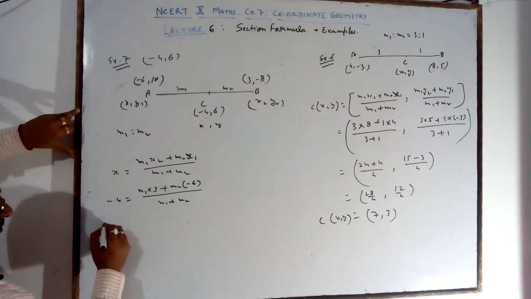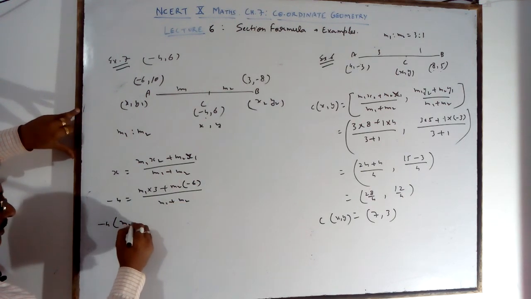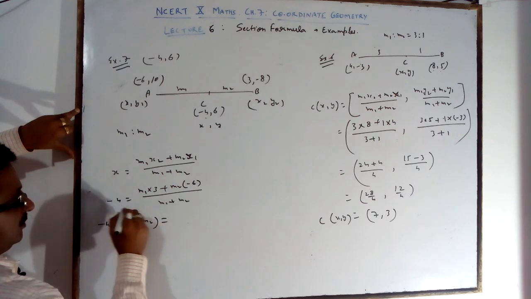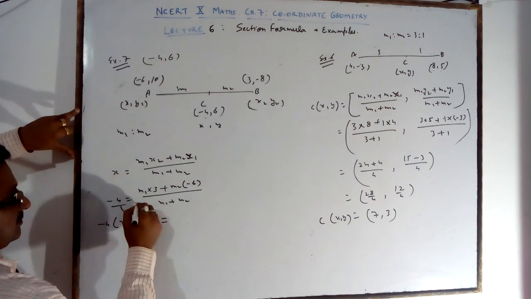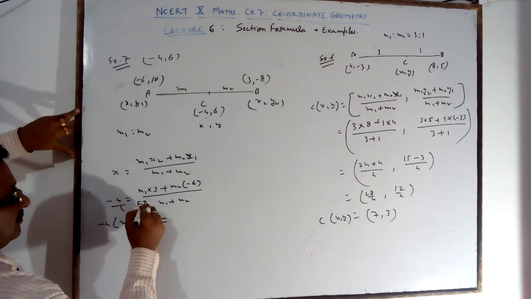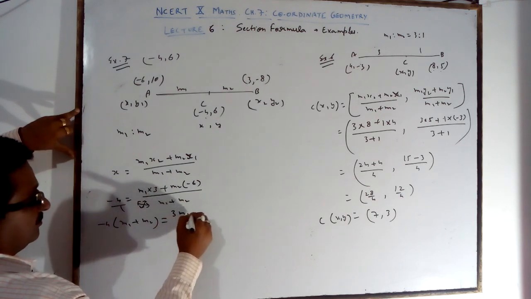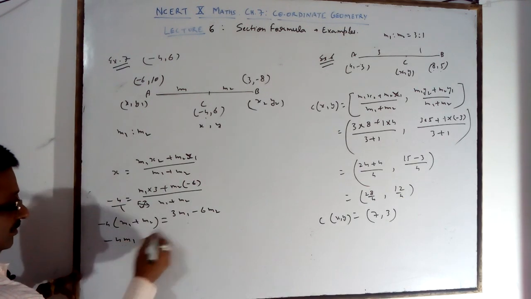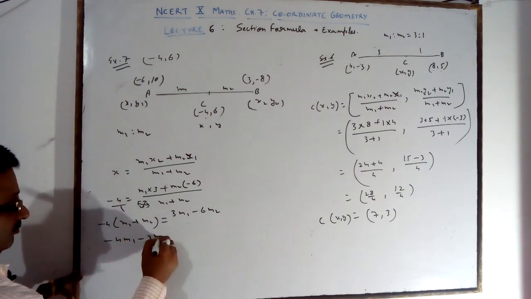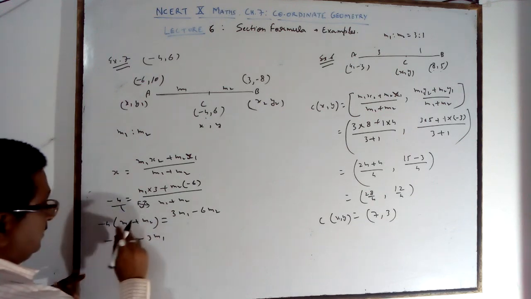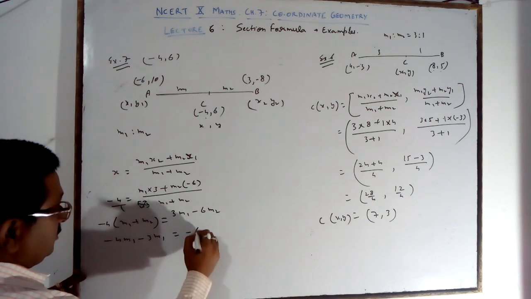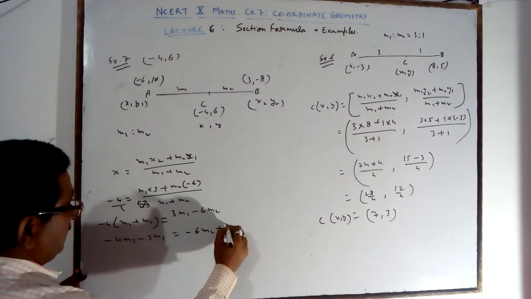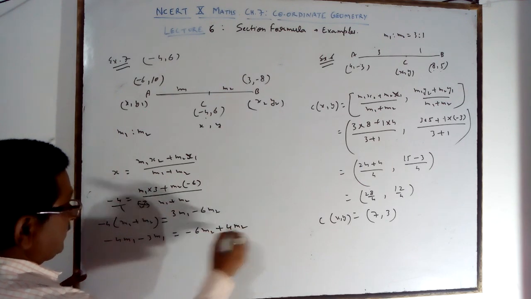Cross multiply. You get minus 4 into (m1 plus m2) is equal to 3 m1 minus 6 m2. So minus 4 m1 minus 3 m1 on this side, and minus 6 m2 goes to the other side, and minus 4 m2 becomes plus 4 m2 when moved.